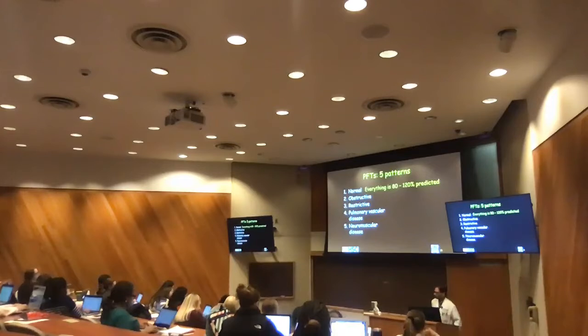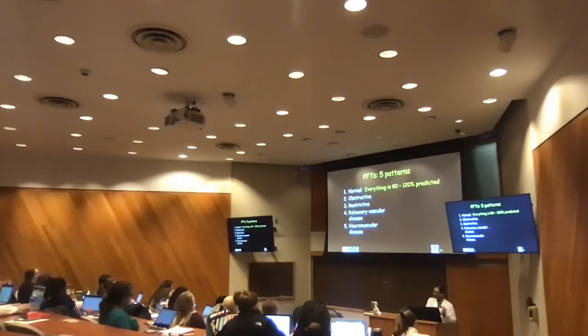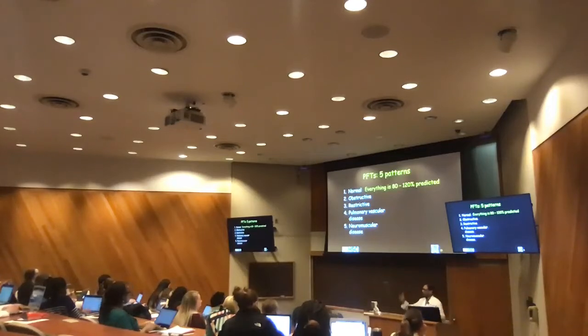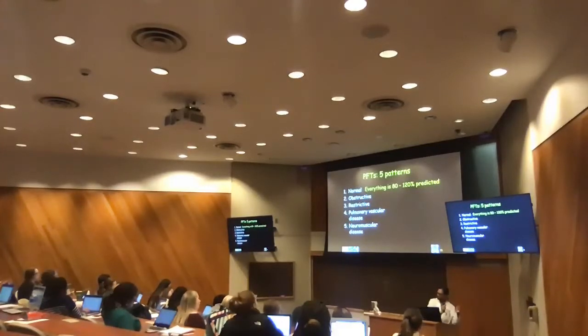So how do we determine what is normal? We study 1,000 people we think are normal, right? If you plot all the data, it's going to be a bell-shaped distribution. Using this, the outlier 2.5% on this side and 2.5% on this side we exclude, and the middle we call normal.